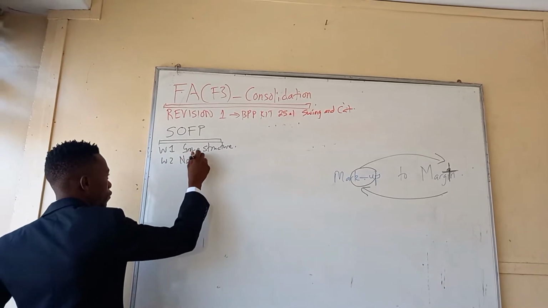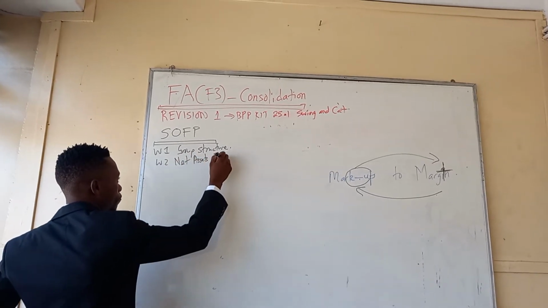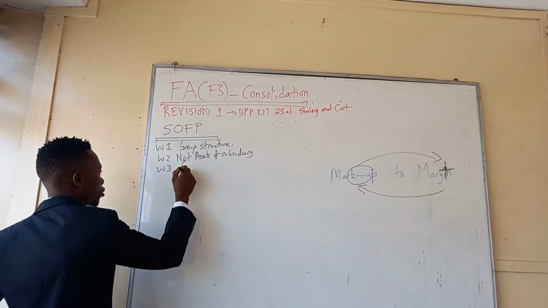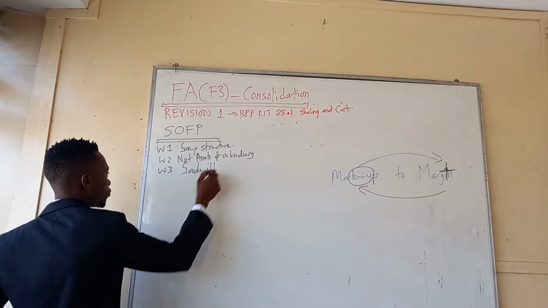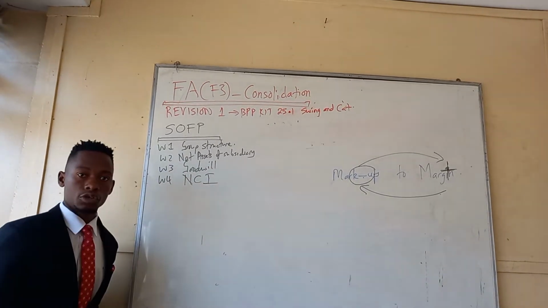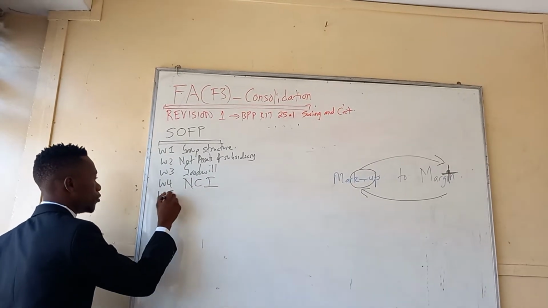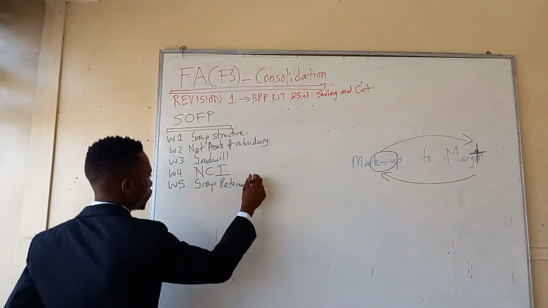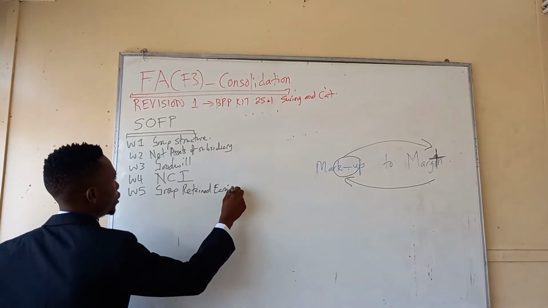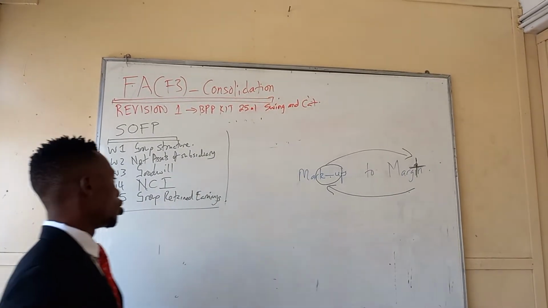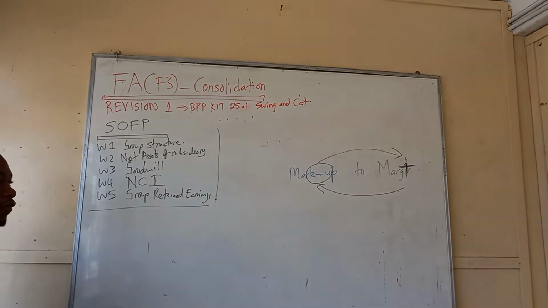W2, the net assets of subsidiary. W3, the goodwill. W4, the NCI, non-controlling interest. W5, group retained earnings. So you must know working 1, working 2 to working 5.